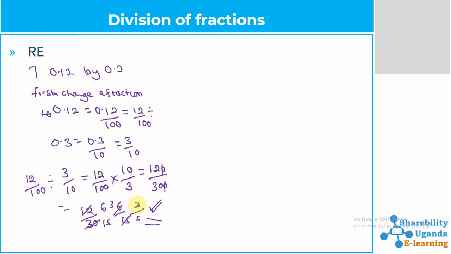So 2 over 5. When divided by 5, what do we get? This is the same as 0.4. Okay, so this becomes our final answer.